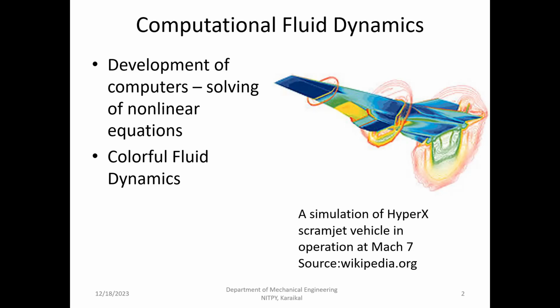But with the inventions in experimentation, such as PLIF, OH chemiluminescence, and thermography, experiments also now give colorful results. Experimental results are no longer just XY plots; we get colorful plots and images. So the present terminology for CFD is click fluid dynamics. You are clicking something, the results come out, and then you talk about it.